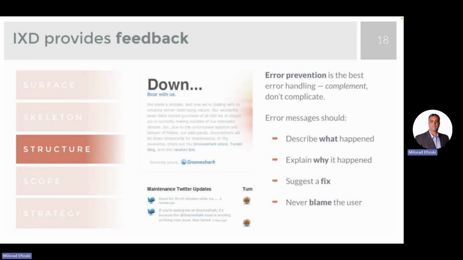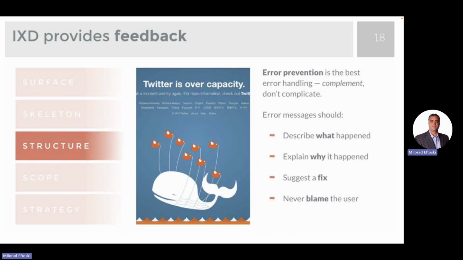So here's another one here. This was the other one, error prevention. So that's the same thing I'm reading here. This was the Twitter. Twitter did it, right? And it was kind of blah and boring, and bear with us, we've made a mistake. But this was a little more fun when they introduced it afterwards. They put a little humor into their problem.